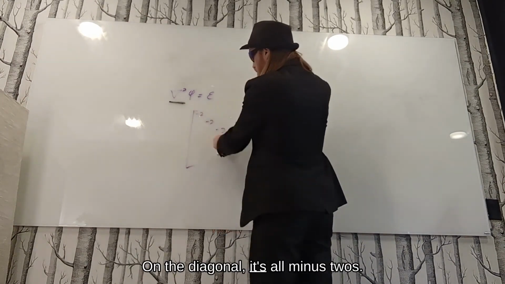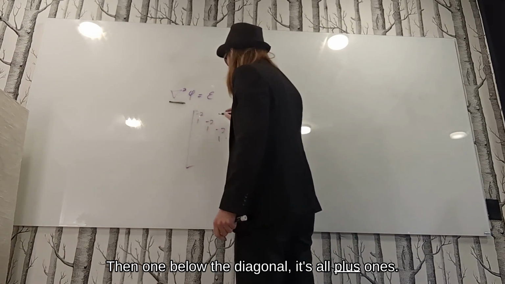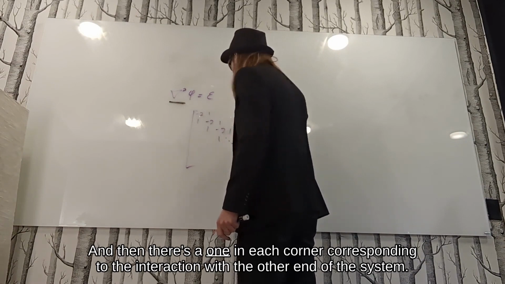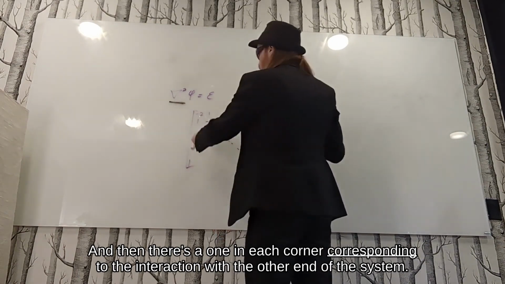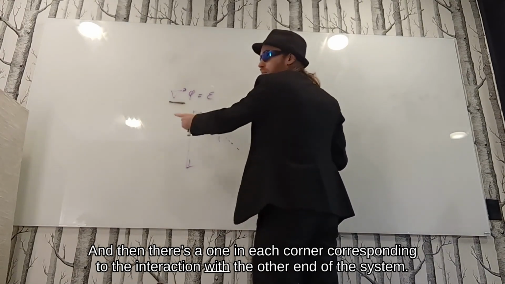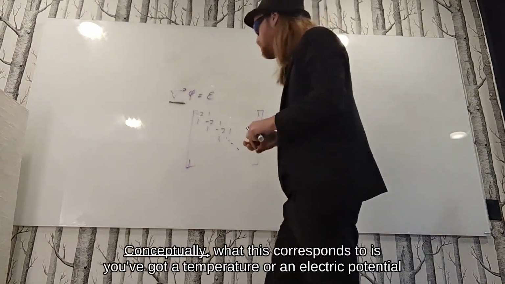On the diagonal, it's all minus 2's. Then one below the diagonal, it's all plus 1's. One above the diagonal, it's all plus 1's. And then there's a 1 in each corner corresponding to the interaction with the other end of the system. So there's wraparound boundary conditions.